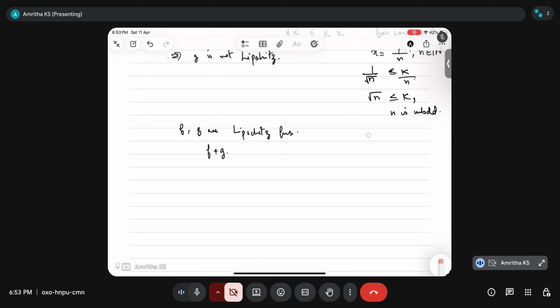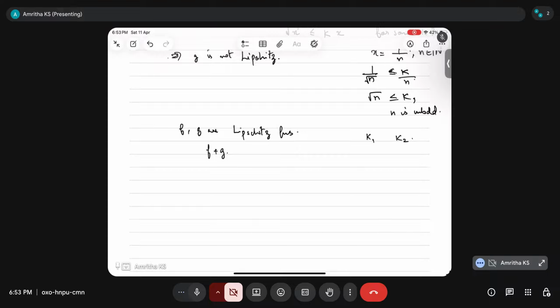Because if k1 corresponds to the constant with respect to f, and k2 with respect to g, then one can apply the triangle inequality.